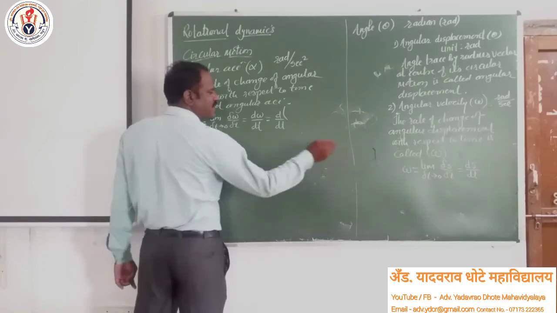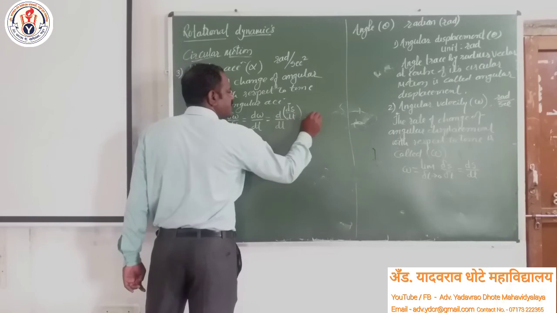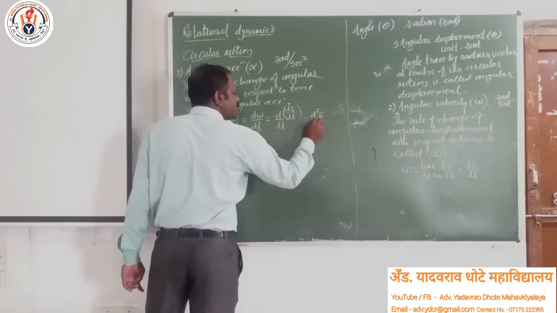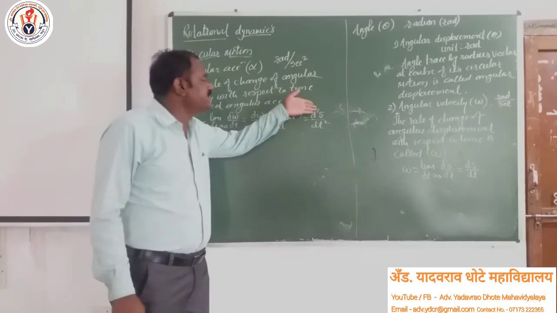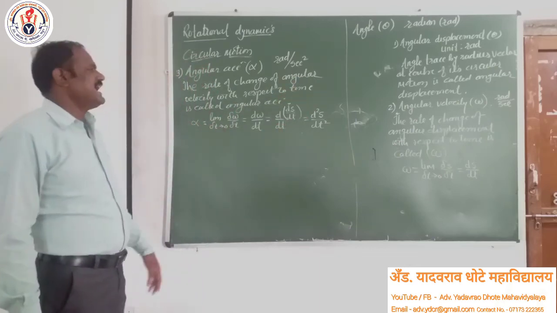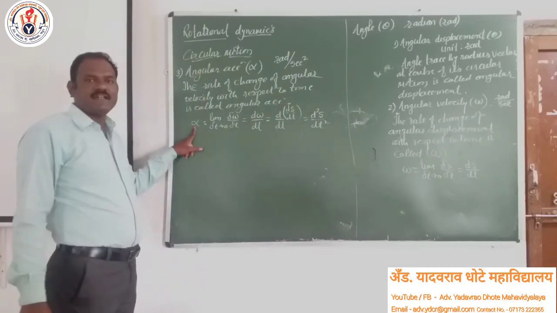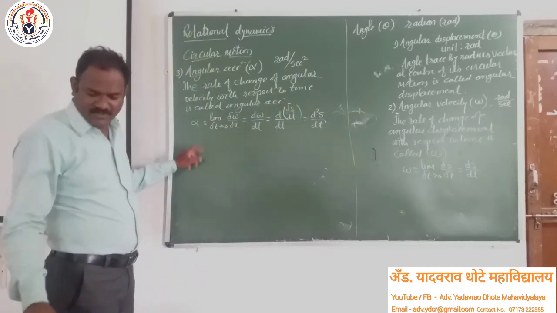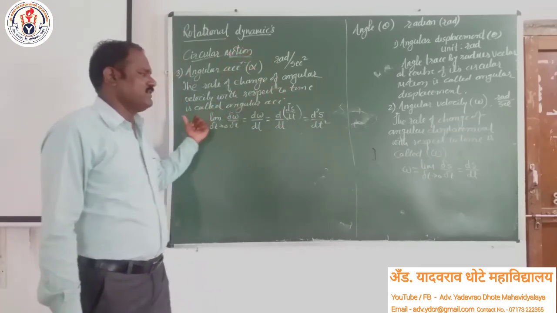What is omega? ds by dt, and so we say it is the double derivative, d2s by dt square. So double derivative of displacement is nothing but the acceleration. The double derivative of angular displacement is called angular acceleration. So this is about angular displacement, angular velocity and angular acceleration.